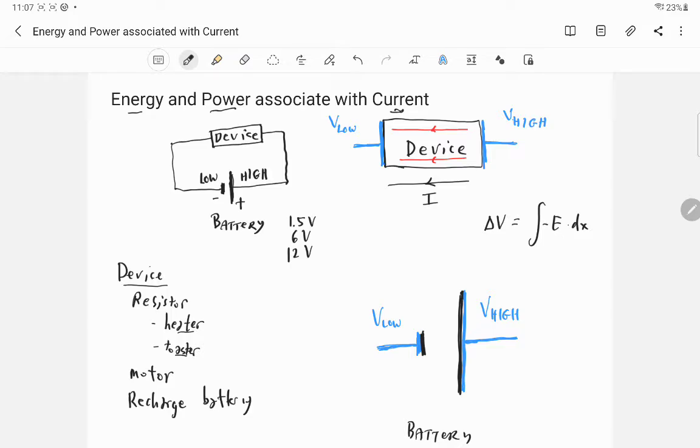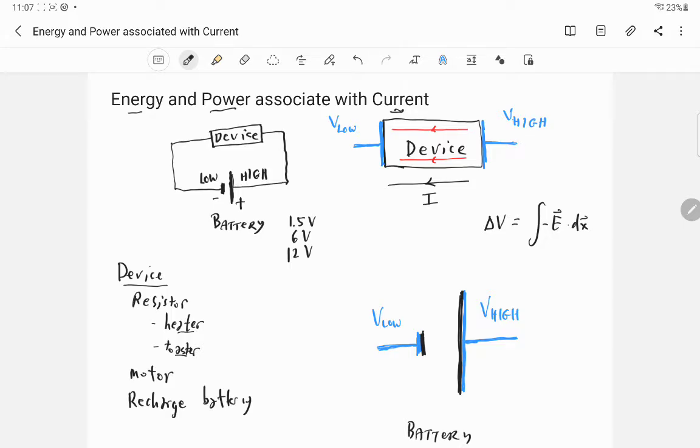So roughly speaking, it's the integral of some electric field dotted with displacements along the length over which the potential changes, or over which the potential has a difference, right? So the battery maintains the right-hand side of itself, which is the positive side, at the high value of potential.